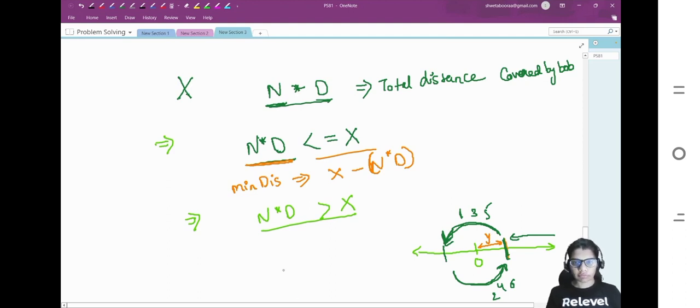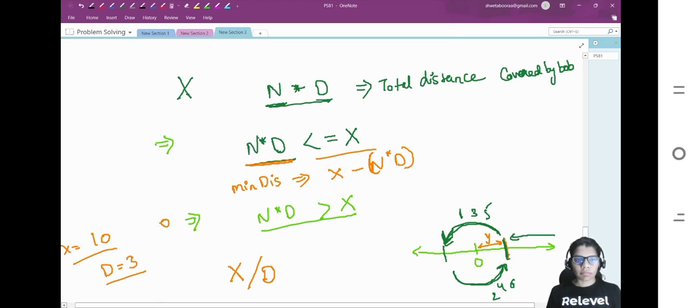So if your distance x is not divisible by d, right? For example, let's say x is 10 and your d is 3. If you will every time take the jump of distance 3, you won't be able to reach 0.